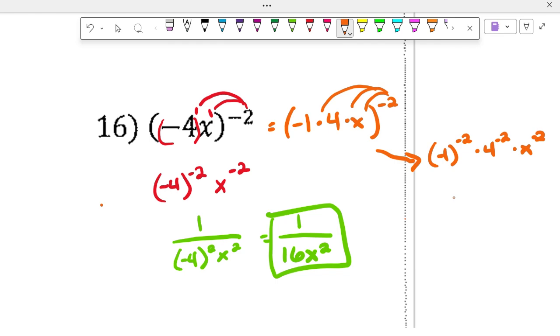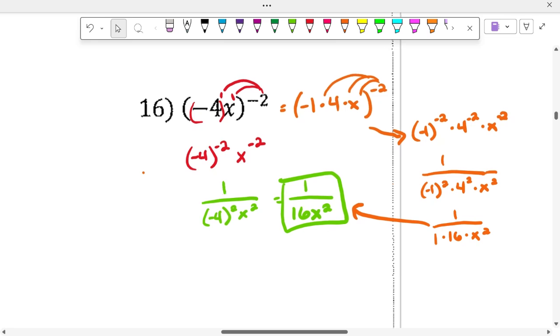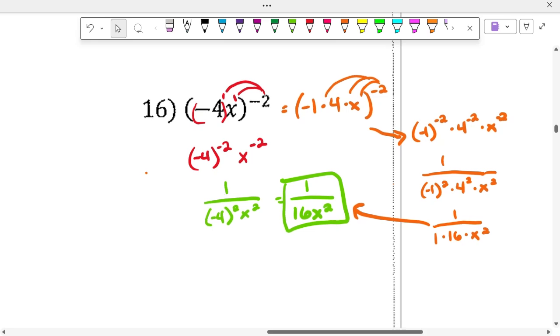And they still would have all got moved to the bottom. So it would have been 1 over negative 1 squared times 4 squared times x squared. So that'll be 1 over 1 times 16 times x squared, which still gives us that. So big negative symbol, it's part of the coefficient. Little negative in the exponent, it's where you actually move it around.